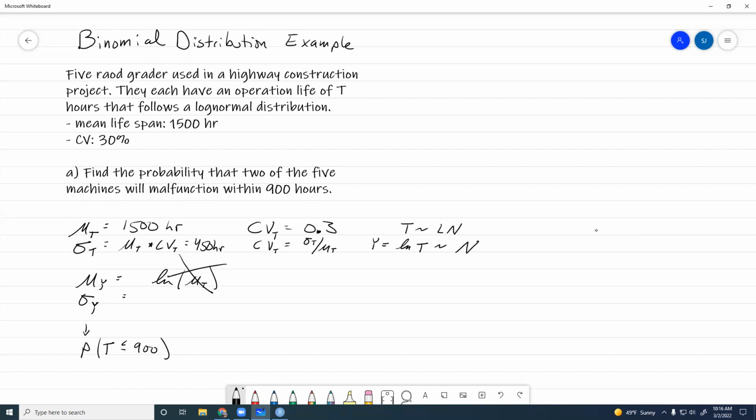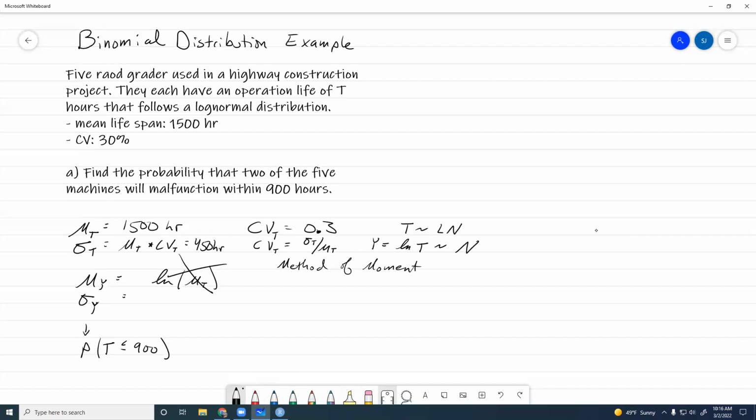So we can't do that. There are two formulas that we'll use, and those formulas are based on what's called the method of moments. And moments are simply mean, standard deviation, skewness. The method of moments says we can relate the parameters of the distribution that we're interested in to aspects of the data.